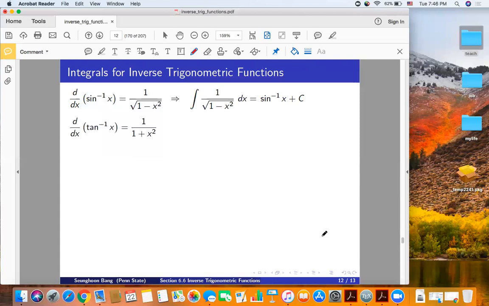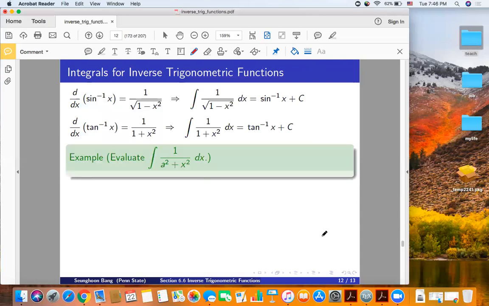The derivative of inverse tangent of x is 1 over 1 plus x squared, so the integral of 1 over 1 plus x squared dx is inverse tangent of x plus c. We have these two results.